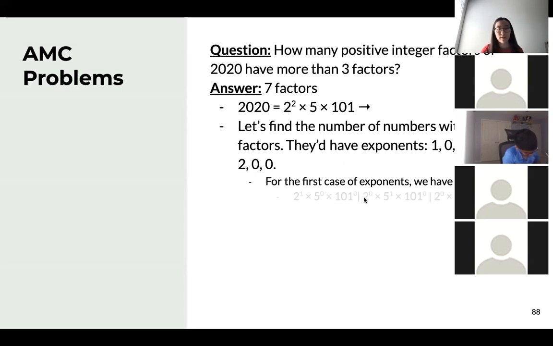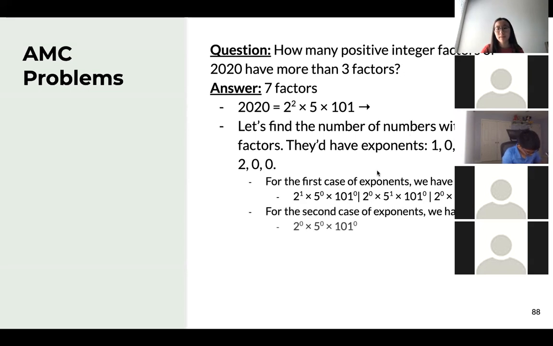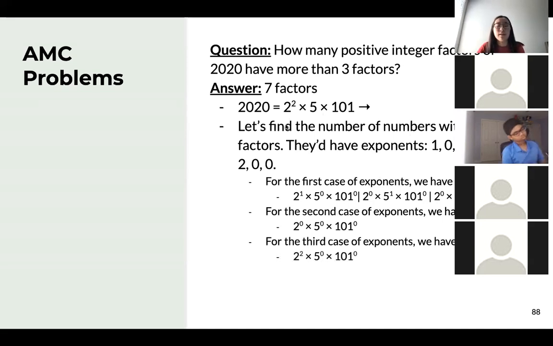For the first case, there are 3 possibilities. You can see that their exponents are just 1, 0, 0, or 0, 1, 0, or 0, 0, 1. For our second case, we have only 1 possibility. And for our third case, we again only have 1 possibility because only 2 can be raised to the power of 2 here.